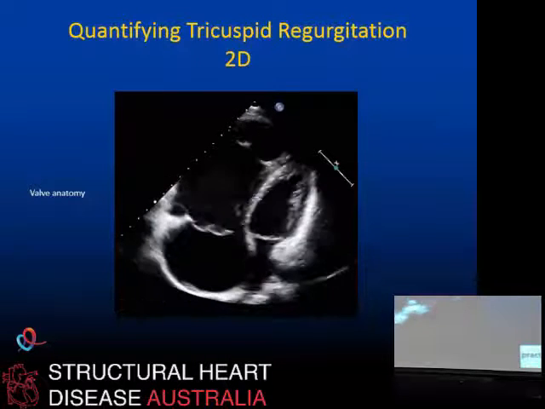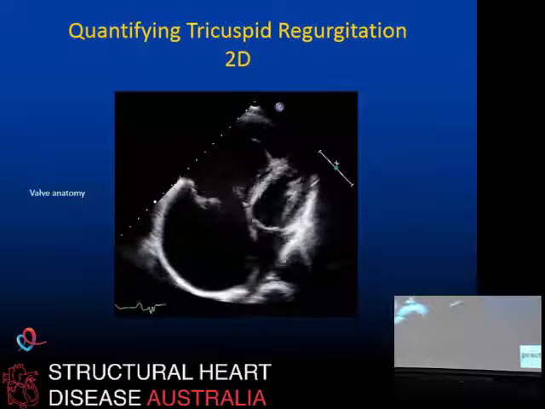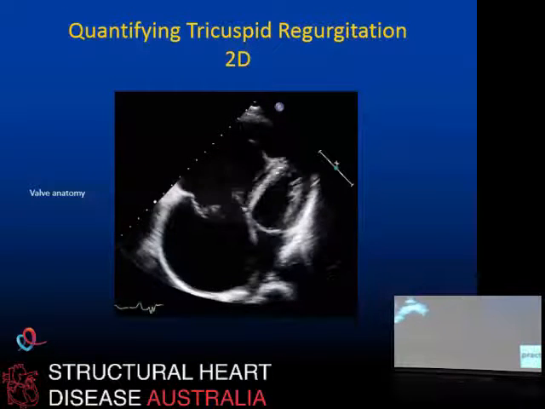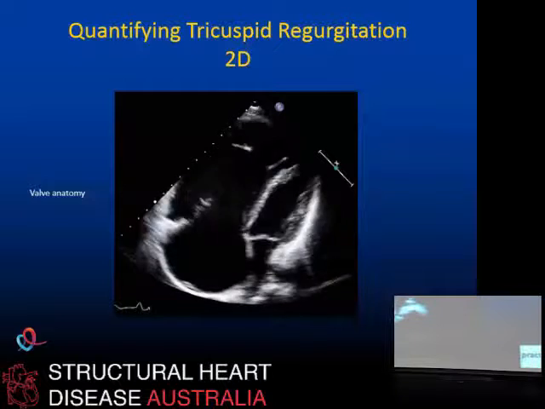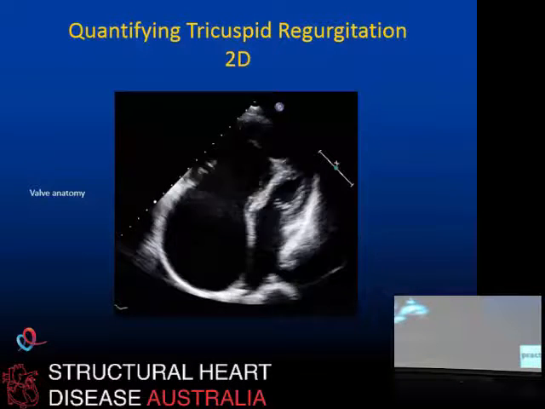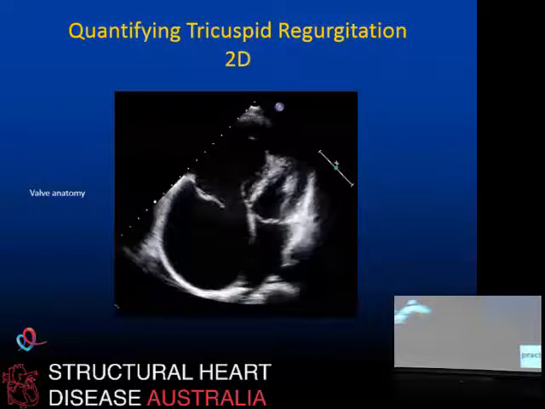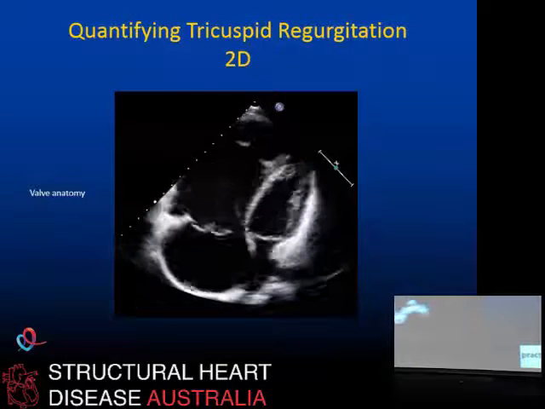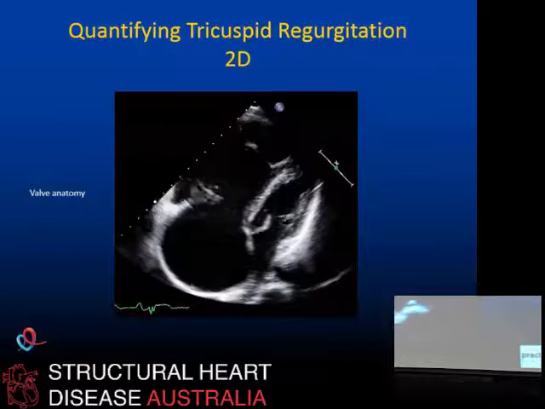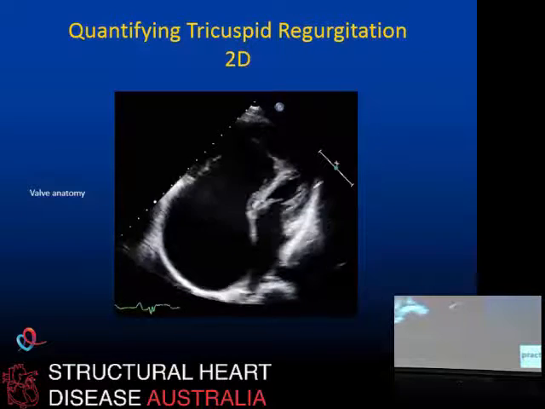In this particular example, the interatrial septum is bulging to the left, indicating right-sided pressure overload. The assessment of right ventricular size is largely, but not entirely, qualitative in nature. In this example, it's clearly grossly enlarged, several times larger than the left ventricle, and it dominates the apex.